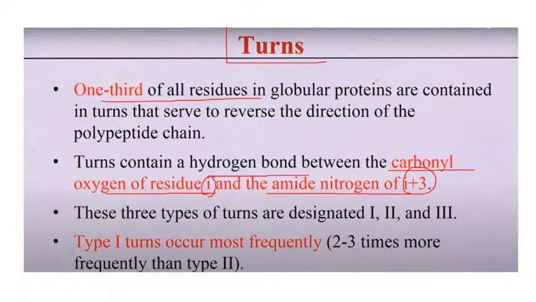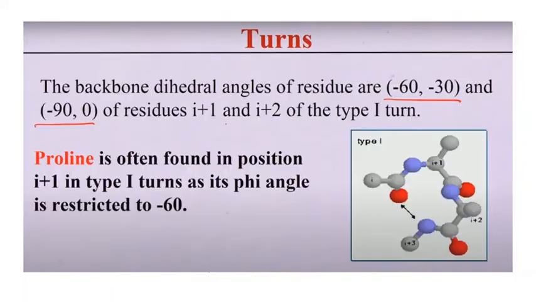These three types of turns are designated as type 1, 2 and 3. Type 1 turns occur most frequently, 2 to 3 times more frequently than type 2.